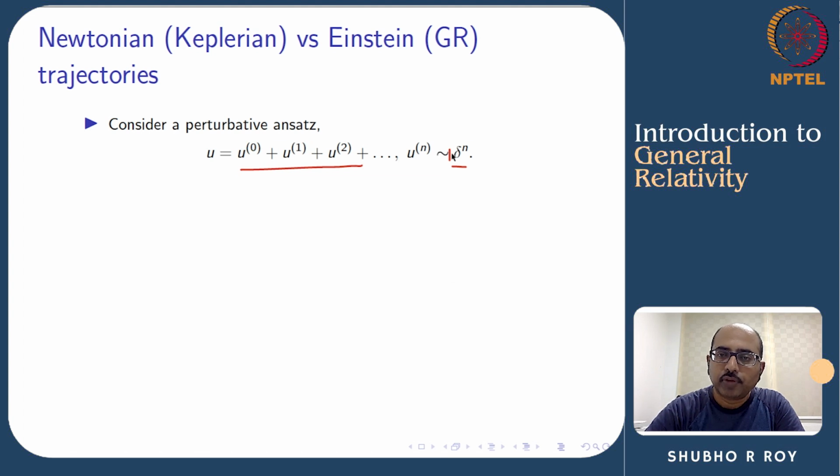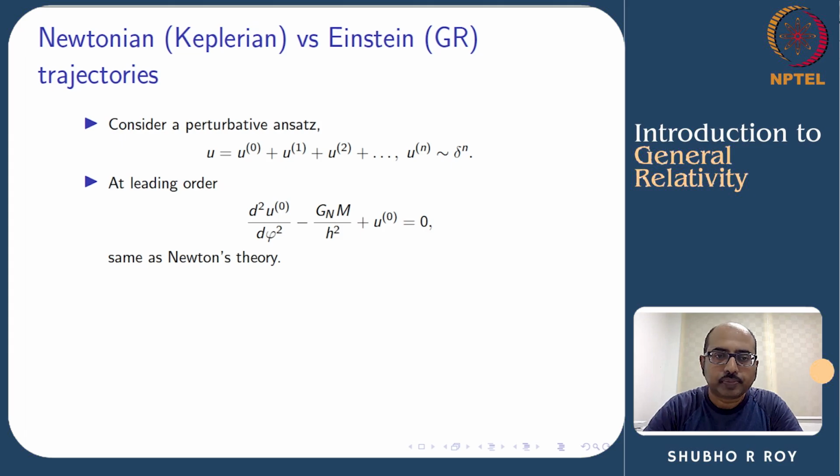That means, of course, there is a dimensionless coefficient which we have to determine in order to determine the solution. Okay, we will take this perturbation series and feed it to the equation and then solve order by order in delta. So at leading order, of course, we will get back Newton's theory because the correction is order delta, which is in GR. So u0 will obey this Newtonian equation.